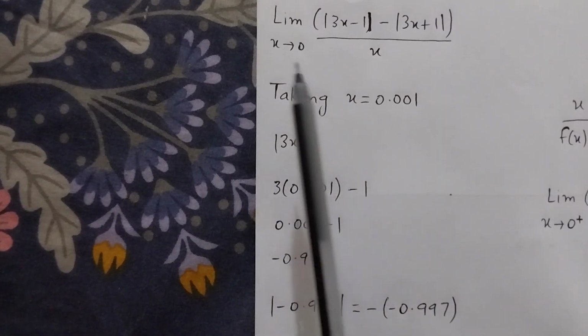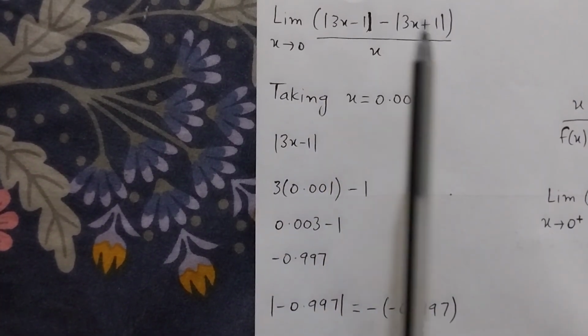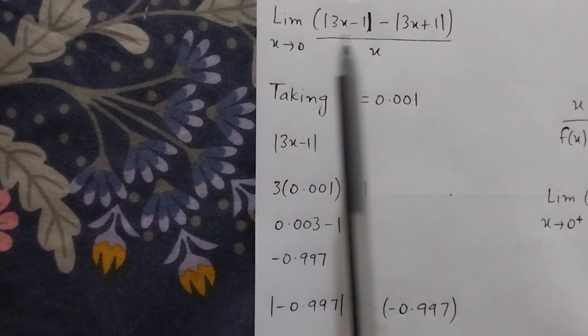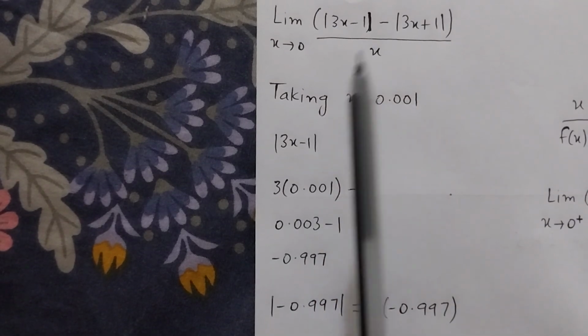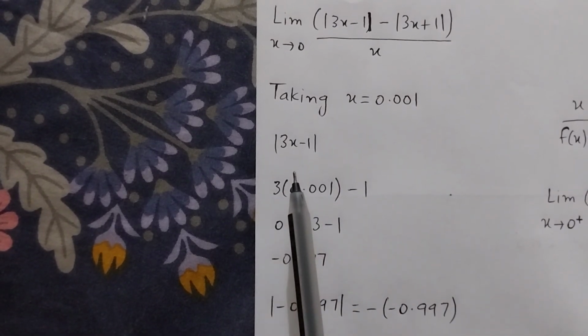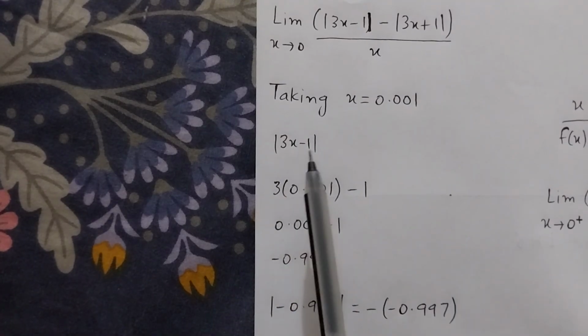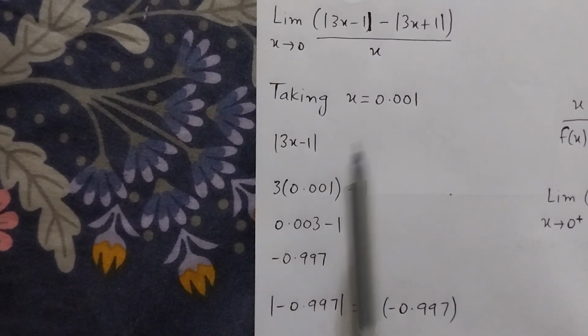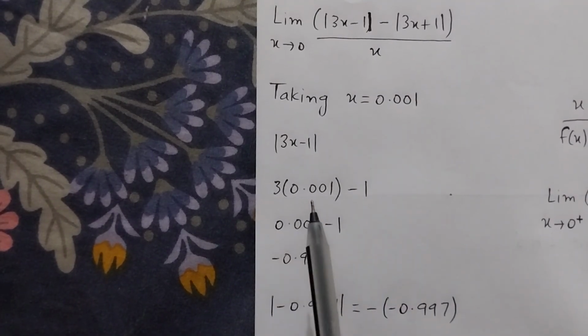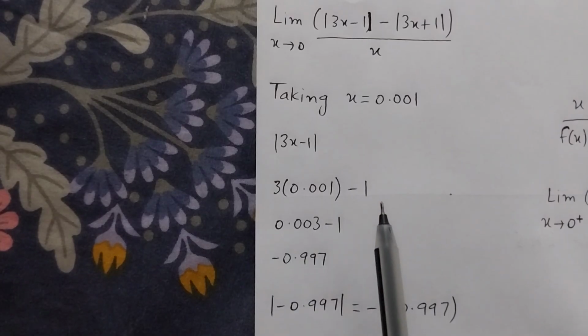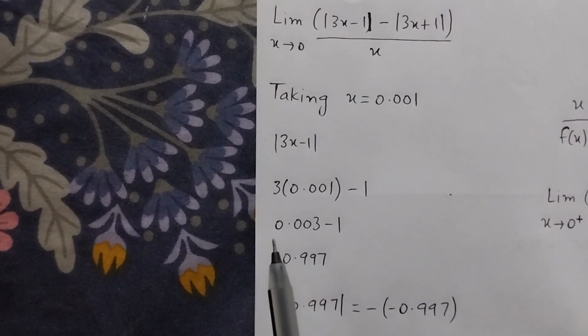Just putting this value in this expression, we'll see what it gives us. So 3x minus 1 is 3 times 0.001 minus 1, which is 0.003 minus 1, which is minus 0.997.